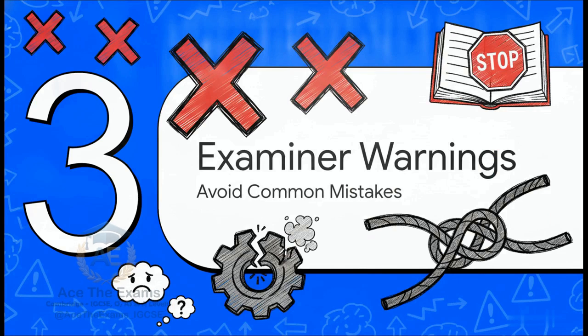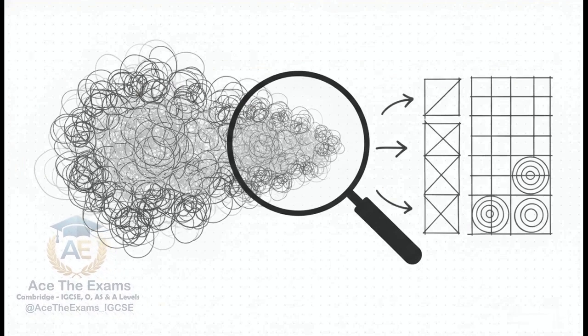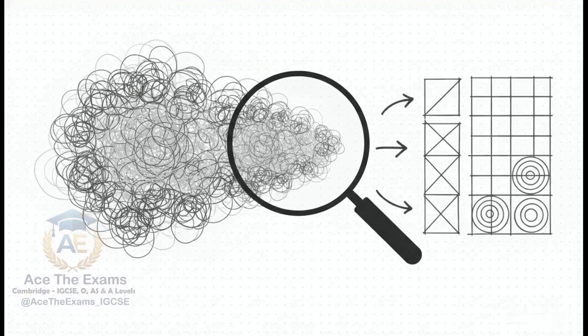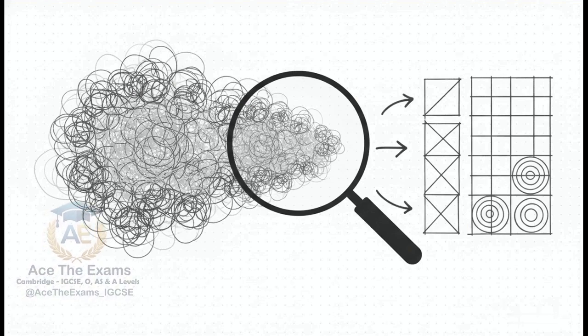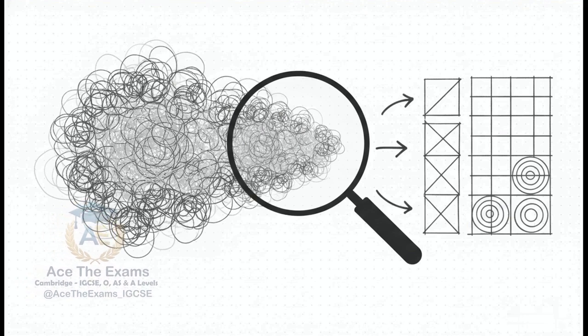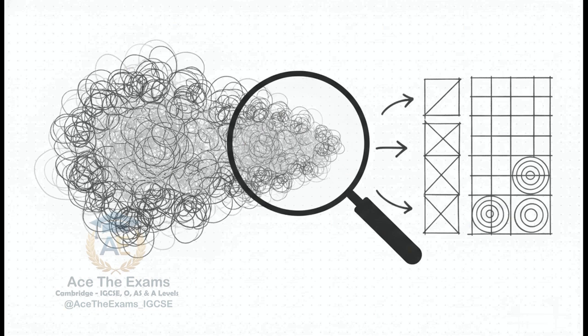Let's move to Section 3, Critical Examiner Warnings. We are now going to look at the top 3 mistakes pulled directly from examiner reports, starting with mistake number 1, relying on vague generalizations. This is huge. Average students drop massive points because their answers are just too fuzzy. They write these sweeping statements, hoping to catch a mark by accident.